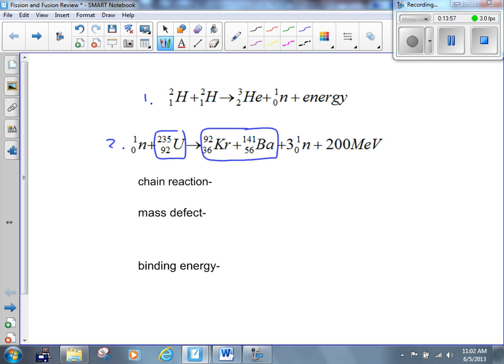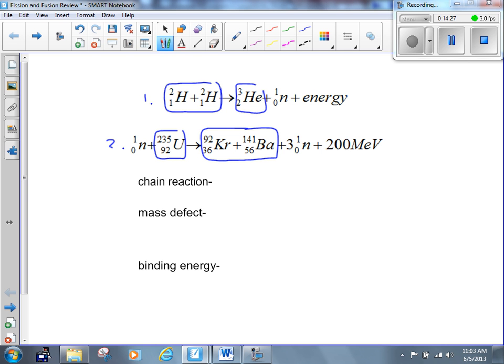In the first one, you can see that 2 smaller ones come together to form 1 bigger one. That's all we've got to look at. If 2 small ones combine to form 1 big one, then that's fusion. If 1 big one splits apart into 2 smaller ones, then that's nuclear fission. Even if it's an equation that you've never seen before, doesn't matter. Fission is 1 splits into 2. Fusion is 2 come together to form 1.